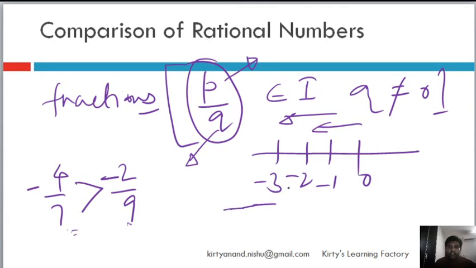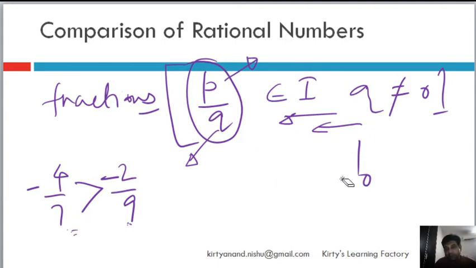So if 3 is larger than 2 otherwise, then minus 3 will be smaller in value than minus 2. We discussed this under integers. So if you wish to go back to this concept, I strongly recommend that you go to my chapter on integers, and you will understand that in detail.